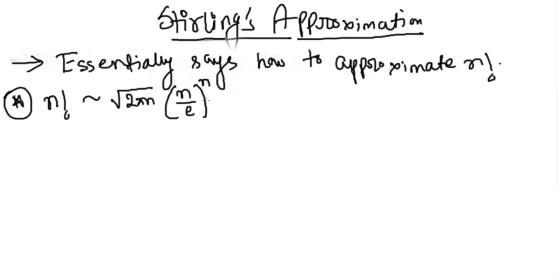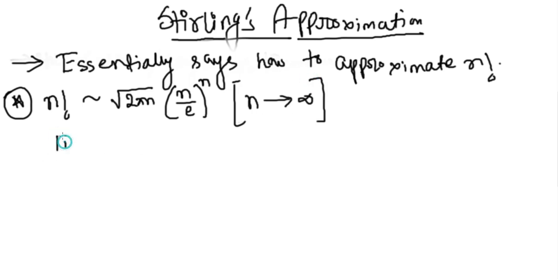Well, we might check a few of the values. For n equal to 1, 1 factorial is 1, and the formula gives a value that is close to it, though it's obviously not exact. But this value gets closer and closer as n tends to infinity.